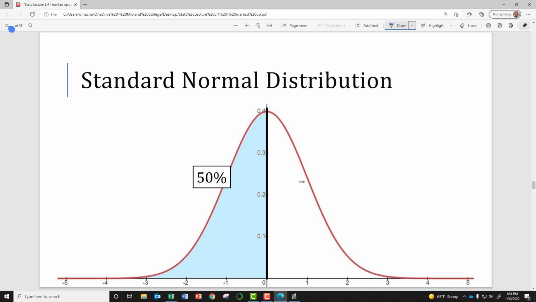Of course, if you just draw a vertical line down the middle at the location of the mean of a normal distribution, half of the distribution will lie to the left, so the area under the curve to the left is 50%.